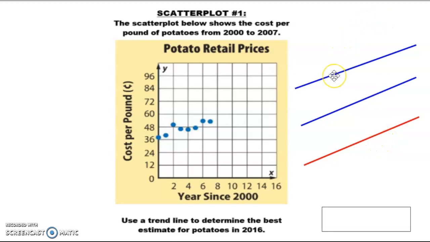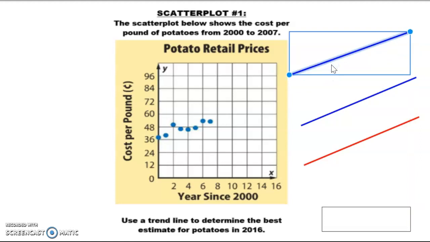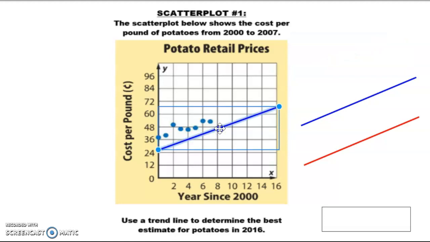To help us make the line of best fit, we're going to use these blue lines just like bumpers. You know, when you go bowling, you want to keep the ball on the lane, you have bumpers. So these blue lines are like bumpers for us to make the best trend line. We're going to put our bumpers, or our blue lines, on the outside of our data points.